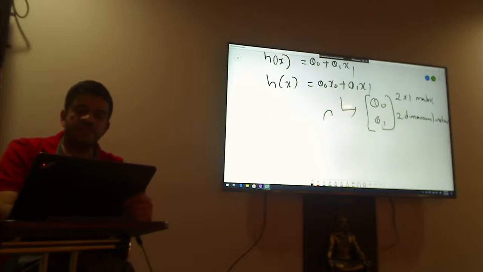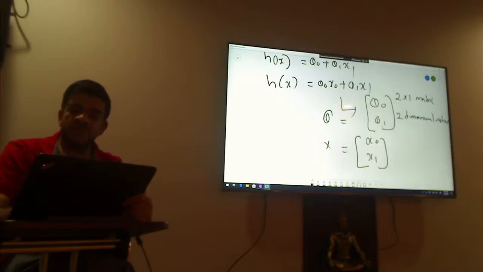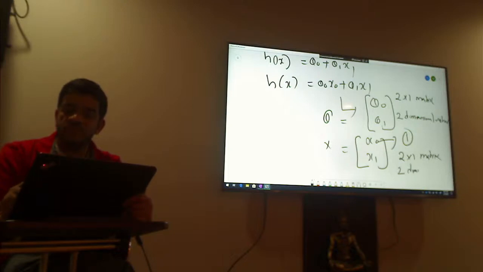And x is the same thing: x0, x1, where the x0 value is 1. This is again a 2 by 1 matrix, a two-dimensional vector.